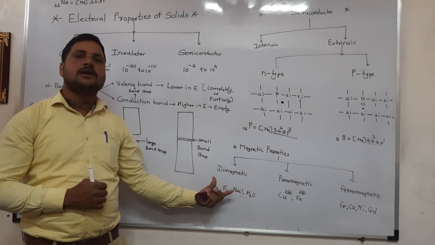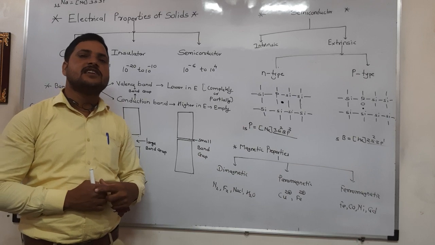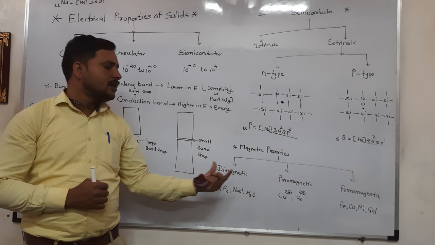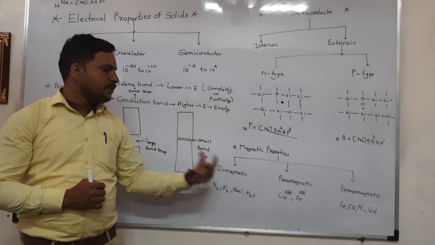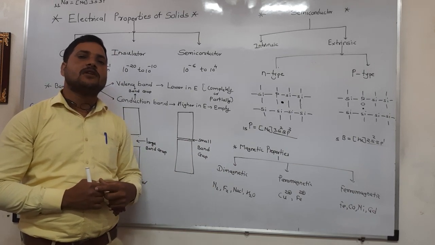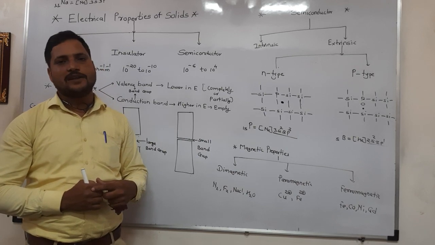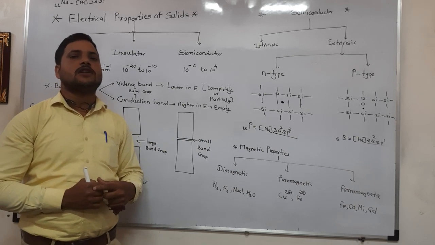Examples of diamagnetic substances are NaCl, water and F2. Examples of paramagnetic substances are Fe2+ and Cu2+, and examples of ferromagnetic substances are Fe, cobalt, nickel and gadolinium. This is about the solid state.